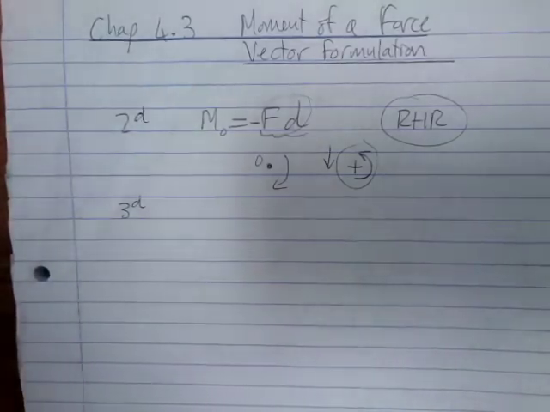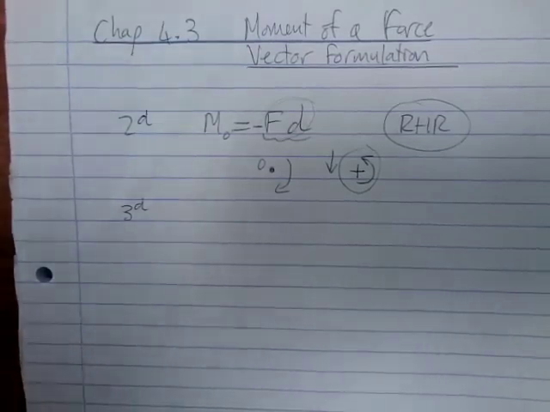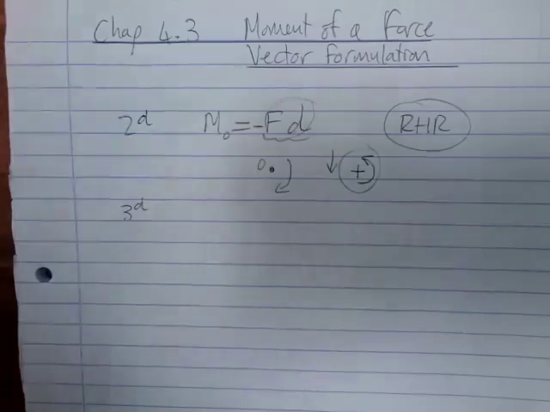Now, when it comes to three-dimensional space, this vector formulation can obviously be applied in two-dimensional space. But just as we saw in chapters 2 and 3, when you're in two-dimensional space, it is easier, simpler and quicker to just leave things in scalar formulation, although you can convert to vector formulation and solve it, okay? But when it comes to three-dimensional space, vector formulation is perhaps the only way to solve the problems, okay?